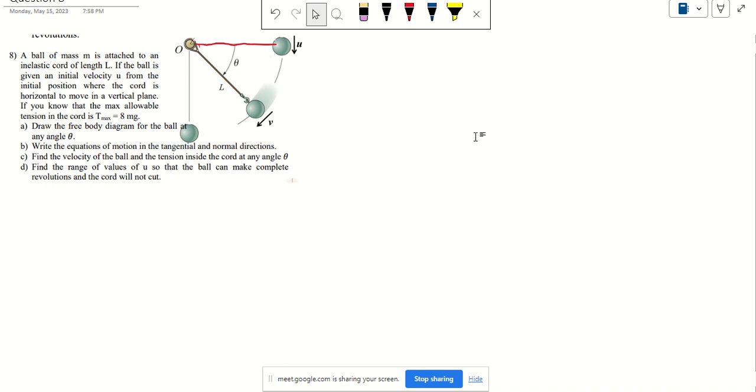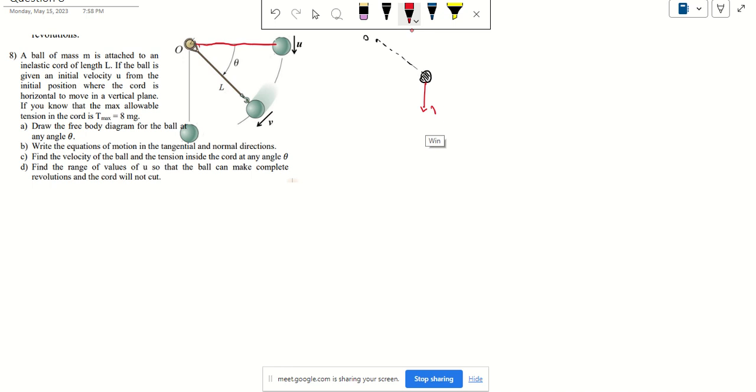Okay, so the first thing is to draw your free body diagram. Again, let's study an arbitrary position. This is the point O, and this is our ball, and we're going to put all the forces.